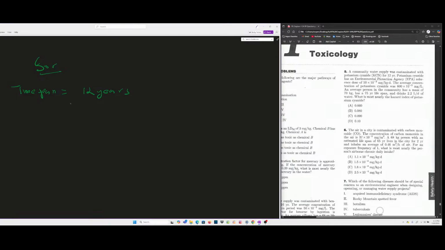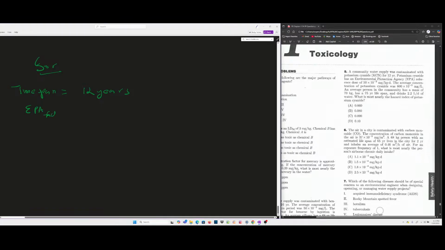So in the back of our head, when we see this 50 multiplied by this, we know that's going to be our factor. That's why I say pay attention to the way this unit is written. I call this the EPA factor, which is going to be 50 times 10 raised to the power negative 3 milligrams per kilogram per day.